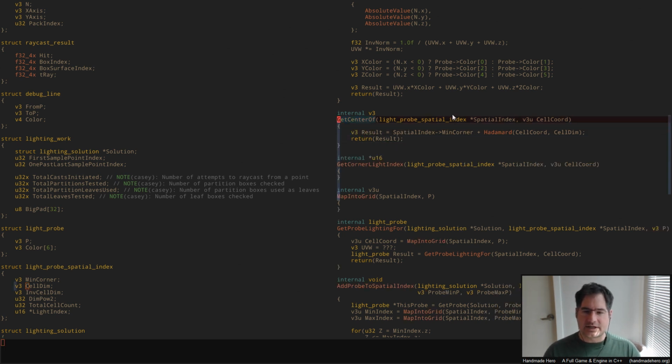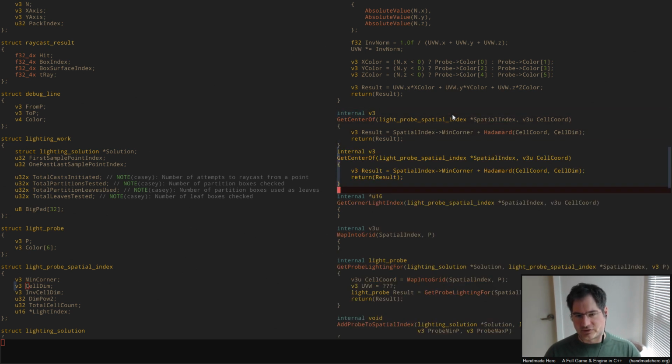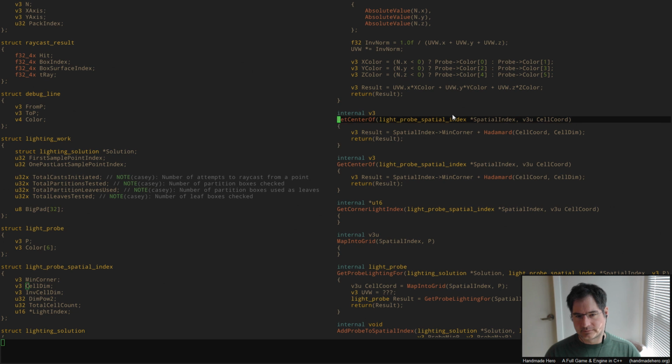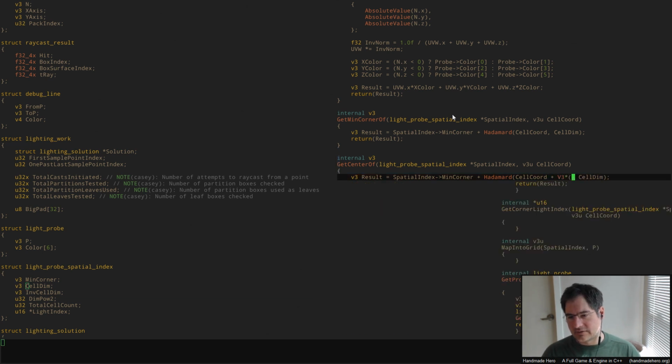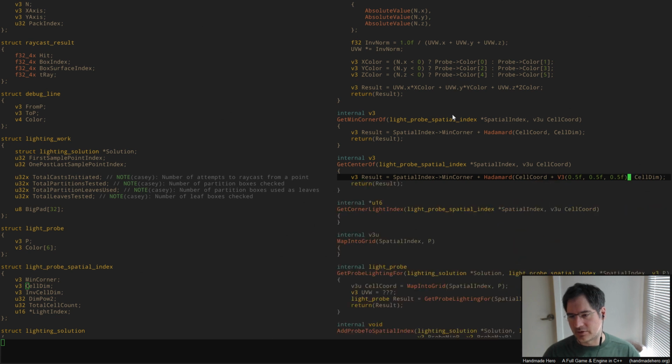Anyway, when we're doing get center of here, what I want to be able to do now is say, all right, this is the min corner. And in fact, we could just duplicate this routine. If we want to get the actual center, all we would need to do here is add half an index, right, when we do our multiply.